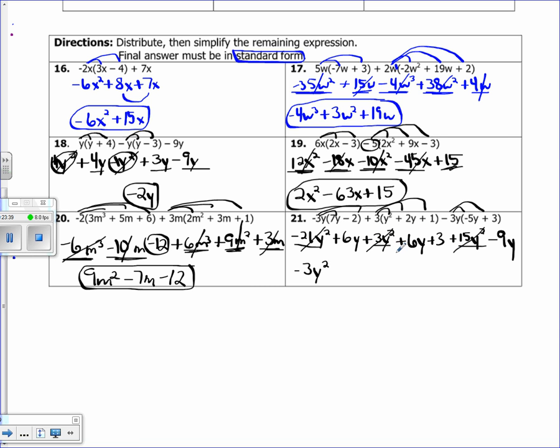Now these y terms, 6y and 6y makes 12y. 12y plus negative 9y is positive 3y. And then the last term is this 3, and there's nothing to combine it with, so it's just plus 3.